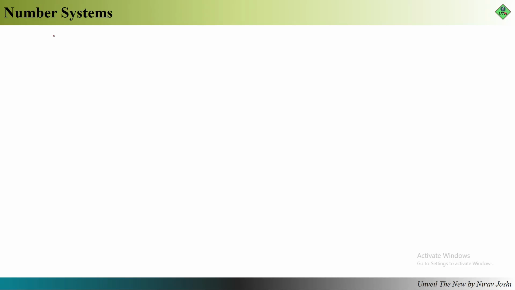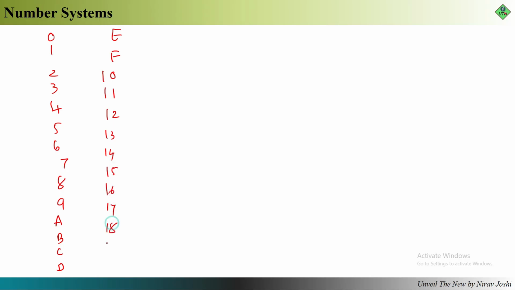Okay, so we'll start from 0, 1, 2, 3, 4, 5, 6, 7, 8, 9. After 9, A, B, C, D, E, F. After F, we will get 10. 10, 11, 12, 13, 14, 15, 16, 17, 18, 19, 1A. Yes, do not forget that F is the last symbol, not the 9. Okay, 1B, 1C, 1D, 1E, 1F.